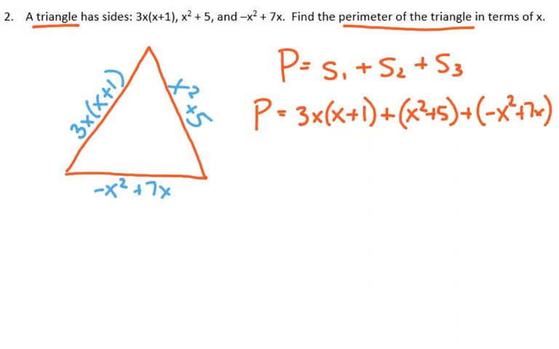Now before I can go through and drop my parentheses and add those last two terms, I need to first distribute through this 3x to my first binomial. So both the x and the 1 will get a 3x.